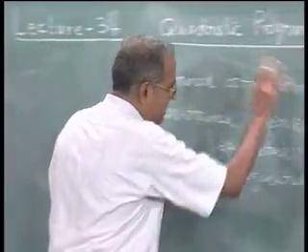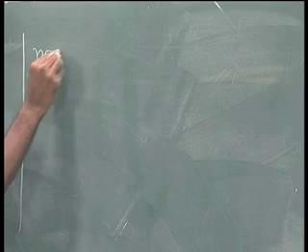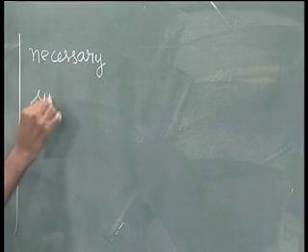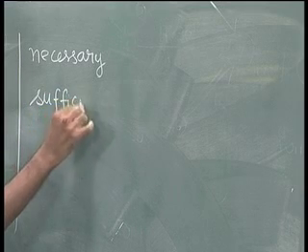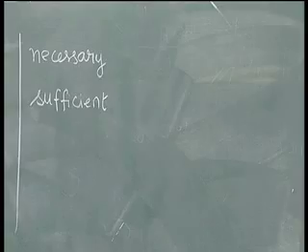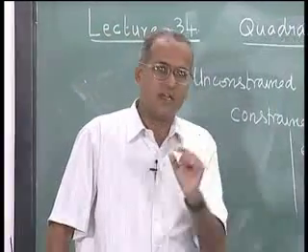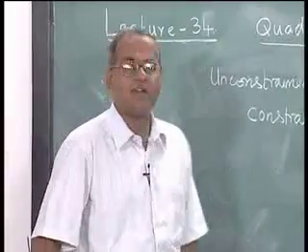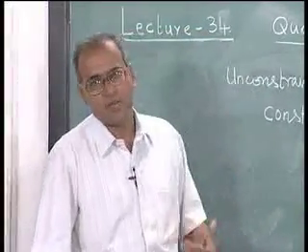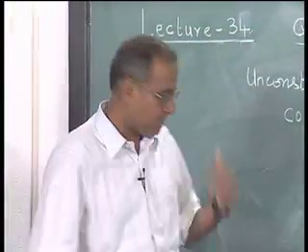Now, when we solve these types of optimization problems, we have what are called necessary conditions and sufficient conditions for optimality. We are quite aware from the calculus of a single variable optimization that the first derivative equal to 0 would give the optimum, and the second derivative at the optimum will qualify whether it is a maximum or a minimum.